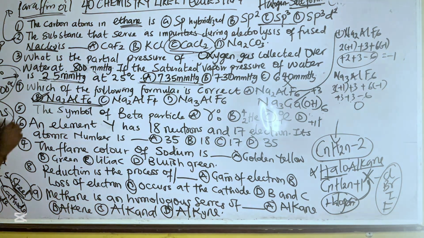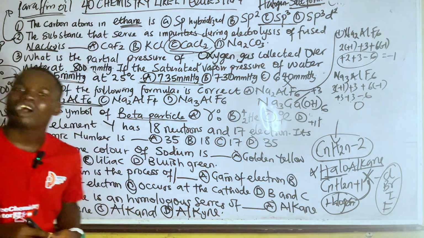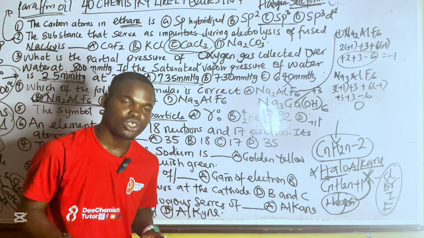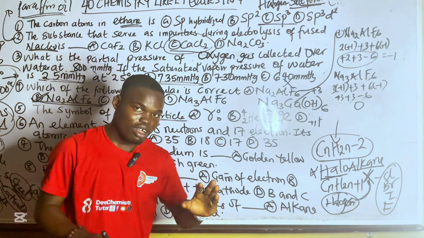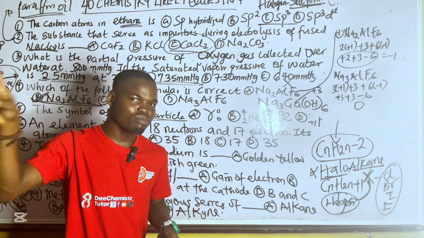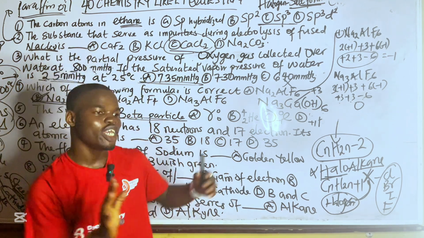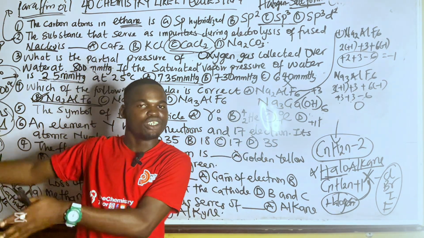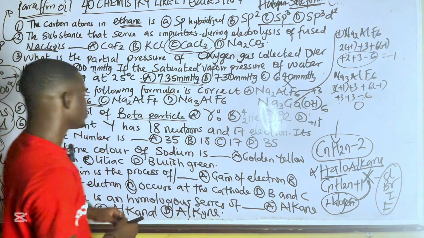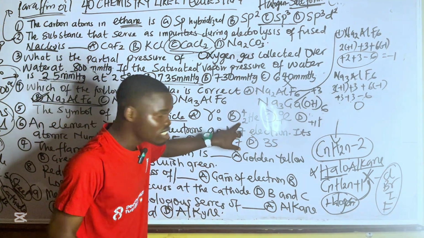So now, the symbol of the beta particle. Don't forget, when we talk about radiations, we have the alpha particle, the beta particle, and the gamma ray. They are the 3 major radiations. The alpha particle is represented as helium nuclei, 4-2.